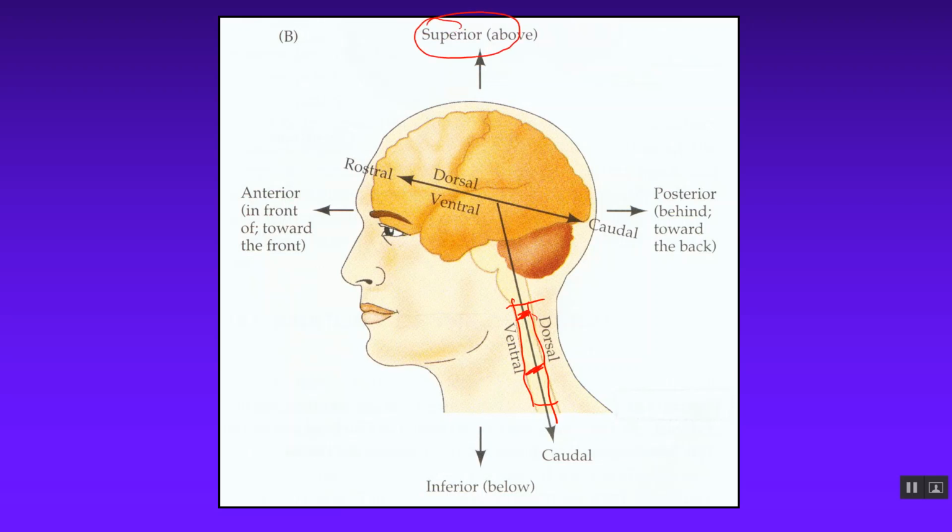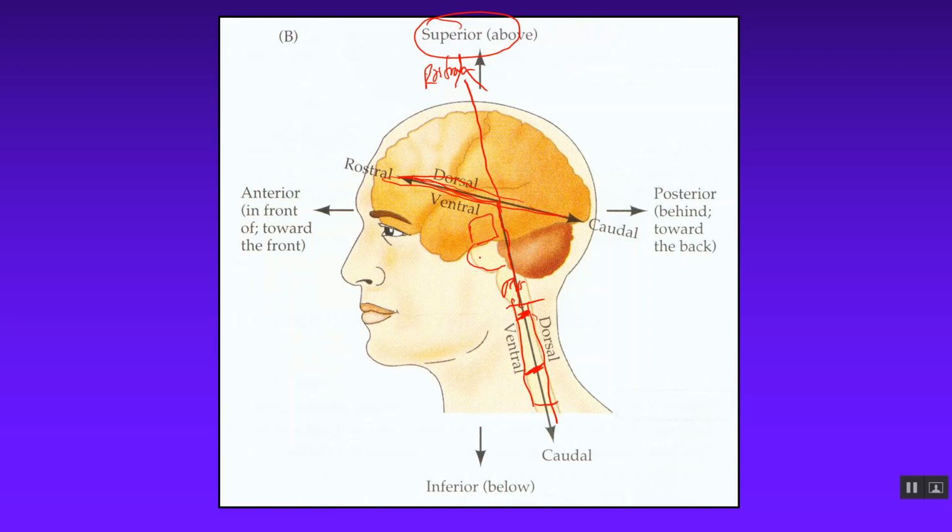It's superior, but I could also use the term more rostral, although this neuraxis changes direction here. But if we were to extend this neuraxis straight up like this, we could also call this rostral.